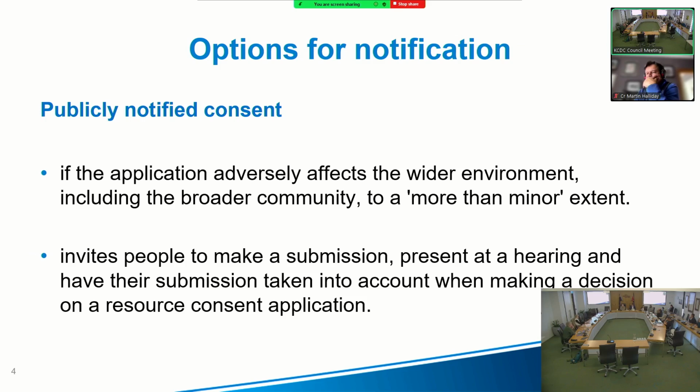If it's a non-notified application, that decision is included in our resource consent report, so it would still need to justify why it didn't meet the criteria for notification. Right, so if it wasn't notified in any form, people have to wait until the very end to see the reasons? The resource consent, yeah, that's correct.